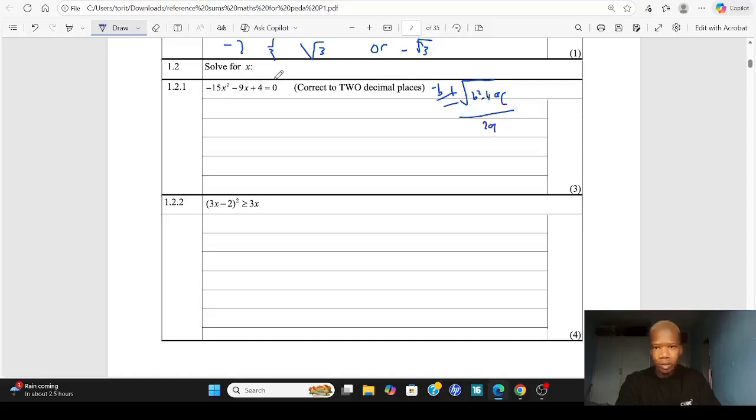So we check for the values of a, b, c. This is the value of a, this is the value of b, which is minus 9, and the value of c, which is minus 4.